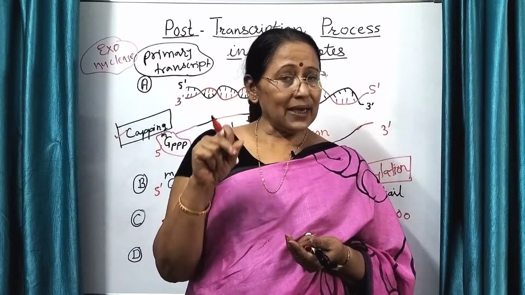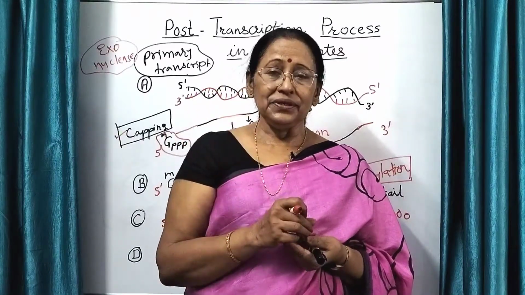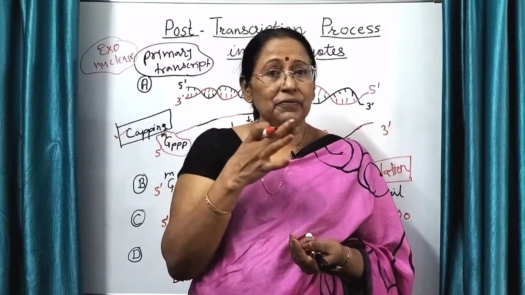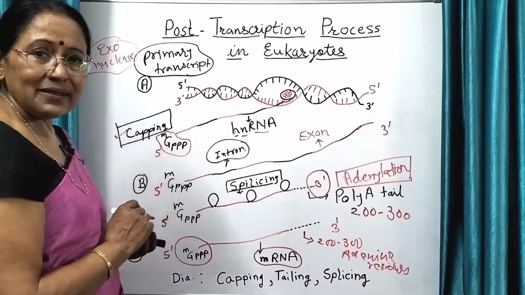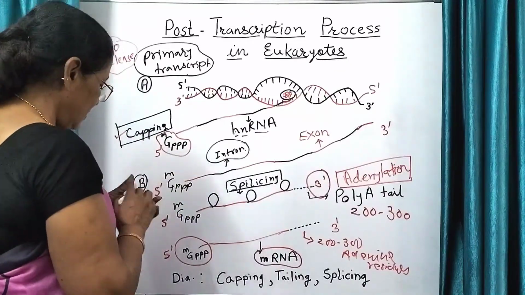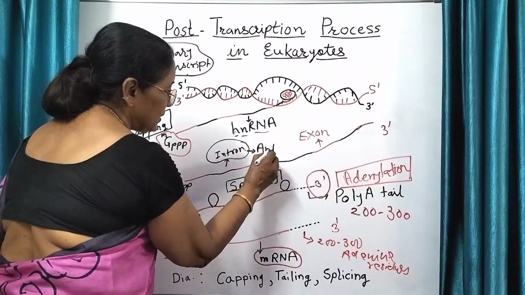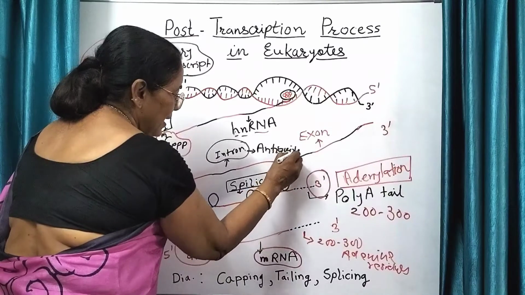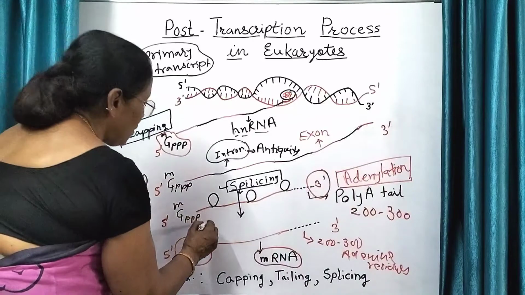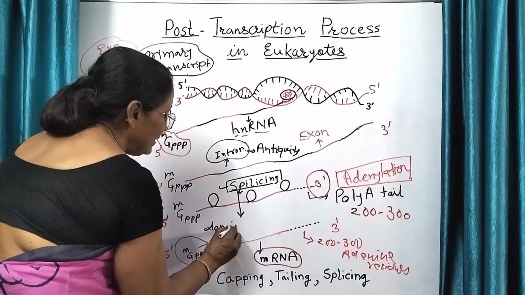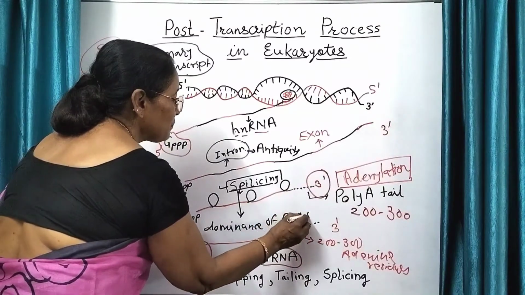They were there, they were active, now they are not functioning, and before the work is done, they are to be removed. These introns are ancient features. They show the antiquity. And this splicing shows the dominance of the RNA world.